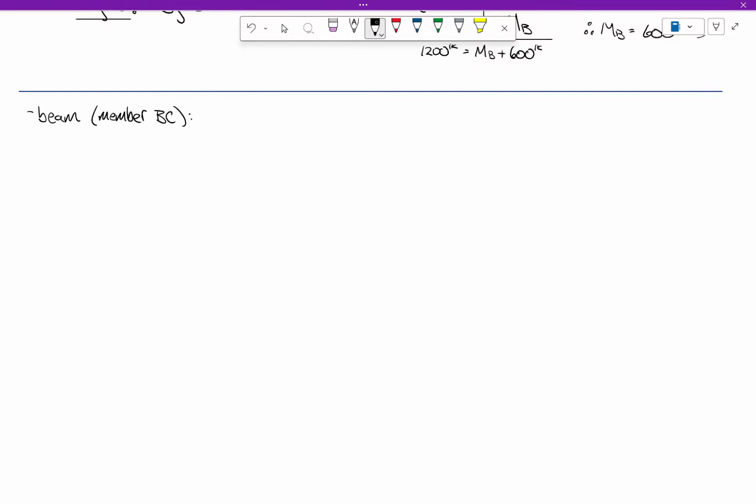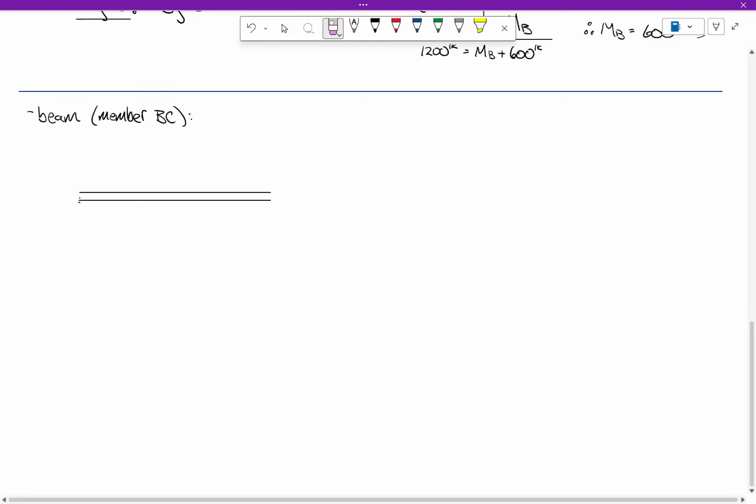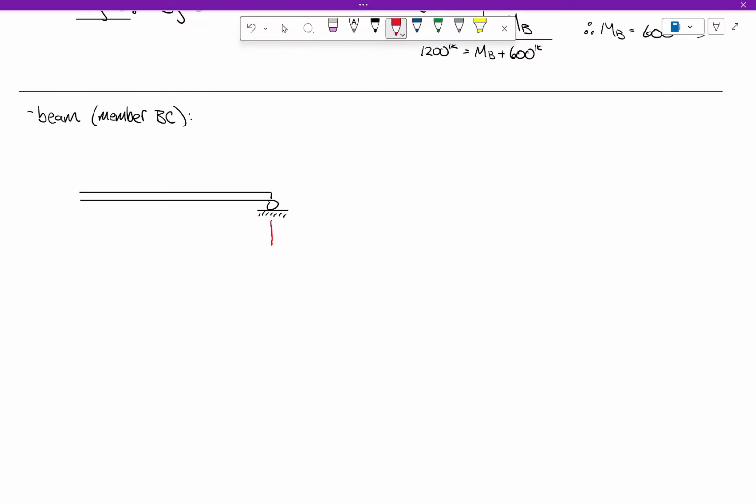Okay. So let's look at the beam. What does the beam look like? It looks like this. We knew this reaction, I think that reaction was 45.